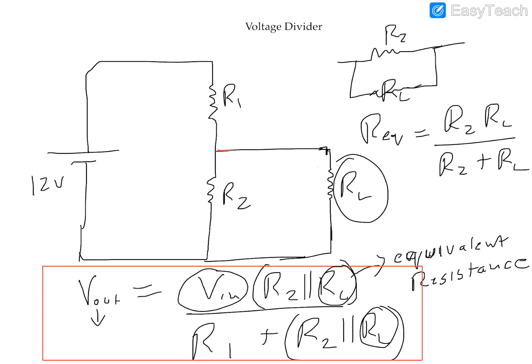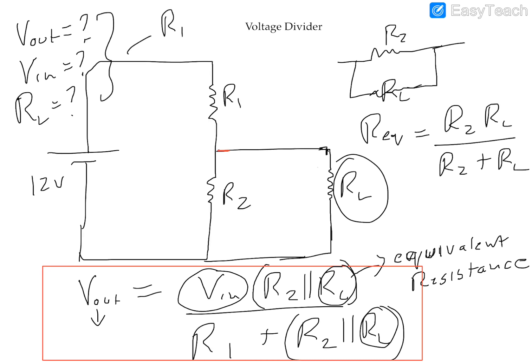If you know these three values, you can design your R1 and R2 so that when you take the voltage across R2, you get the desired voltage. That is basically the operation of a voltage divider.